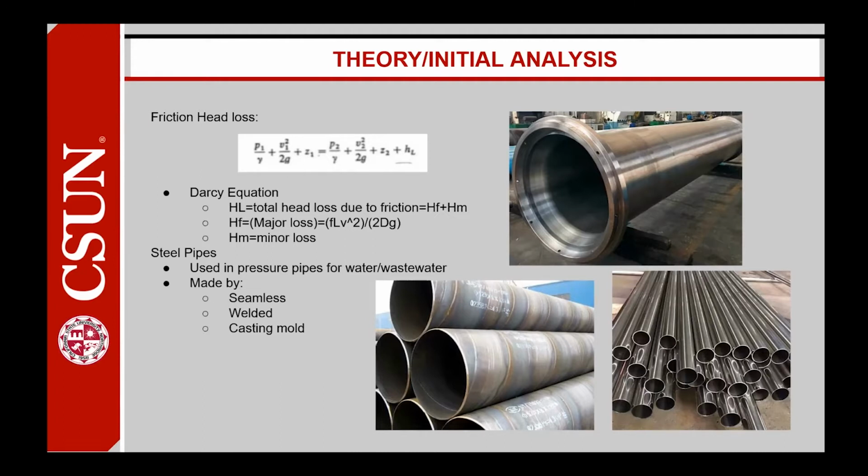Large diameter steel pipes are normally used for these types of systems and wastewater applications. Some of the methods used to make these types of pipes are seamless, which you can see on the bottom right, welded, which you can see on the bottom left, and cast molded, which is on the top. Steel is a great material. Although it corrodes, it typically doesn't crack, and instead of breaking, it bends.